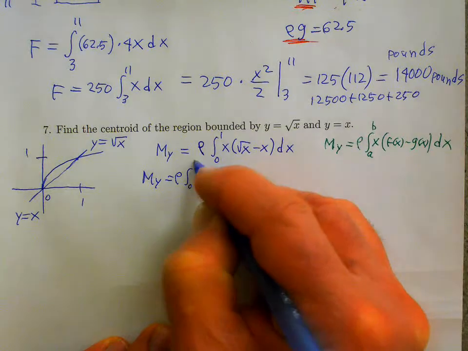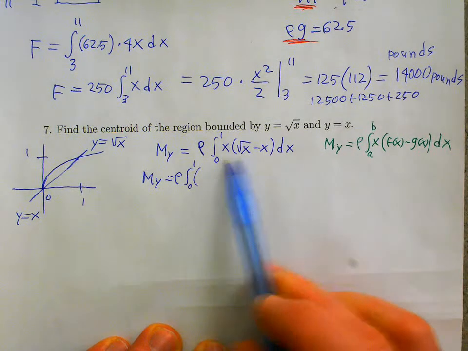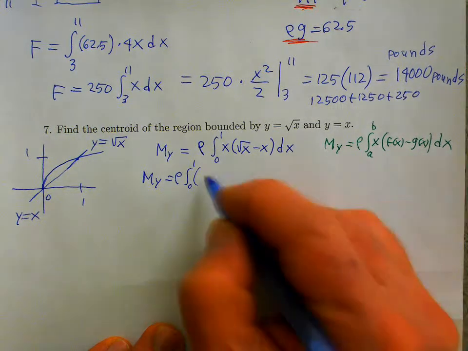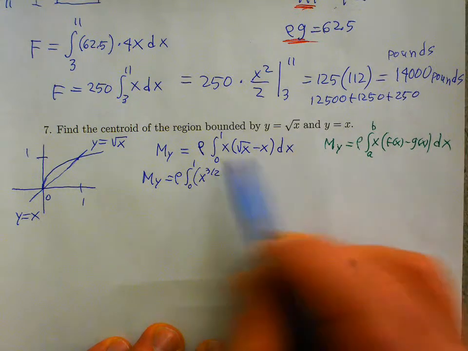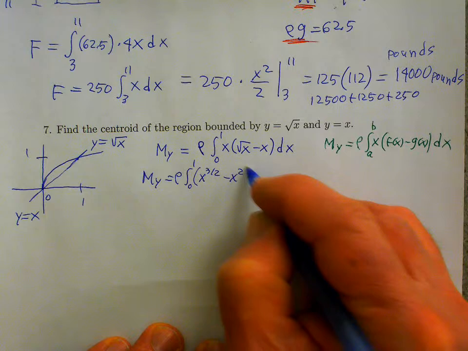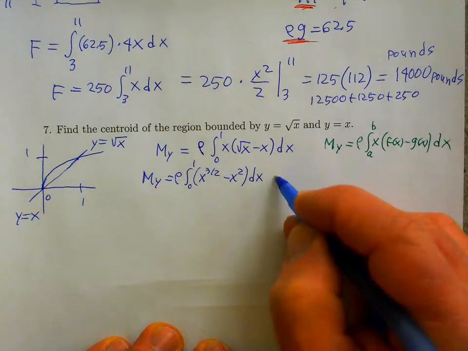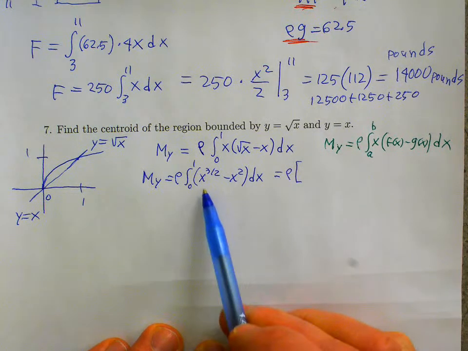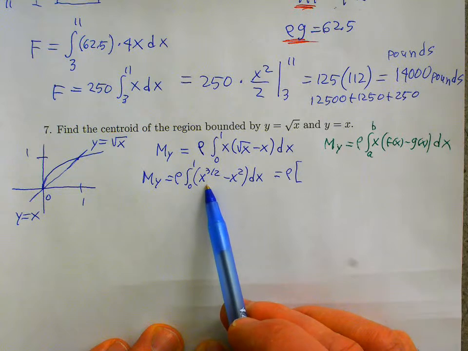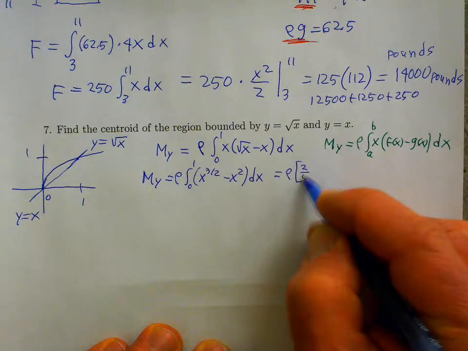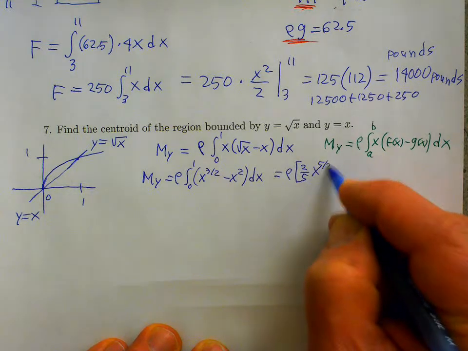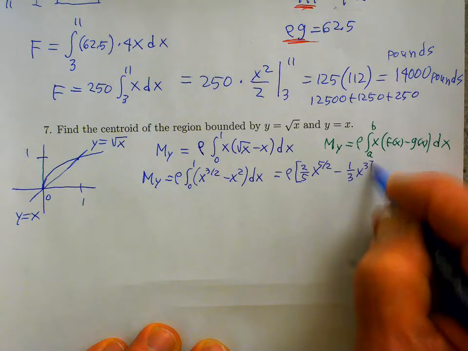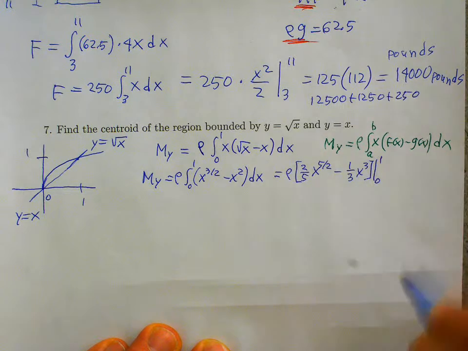Okay, so we can rewrite the integrand. x times the square root of x is the same as x to the 3/2. And then minus x times x is minus x squared. So we evaluate this. We get x to the 5/2 divided by 5/2, which is 2/5 times x to the 5/2, minus 1/3 times x to the 3rd, evaluated between 0 and 1.